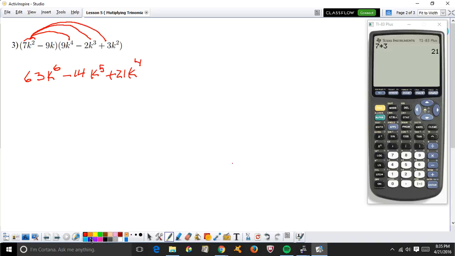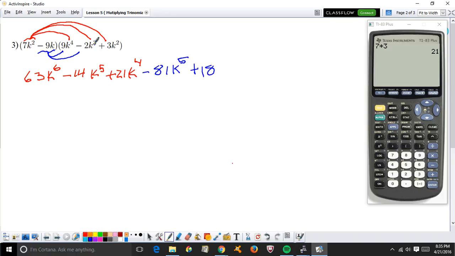So we gotta repeat the process. But now, do the second one. So negative 9 times 9, that's negative 81. K times k to the fourth. You add exponents, so you get k to the 5. Distribute again. Negative times a negative, so that's a positive. 9 times 2, that's 18.